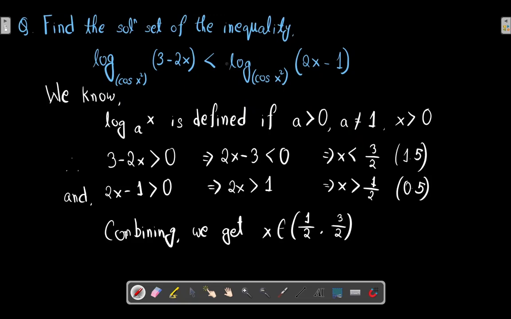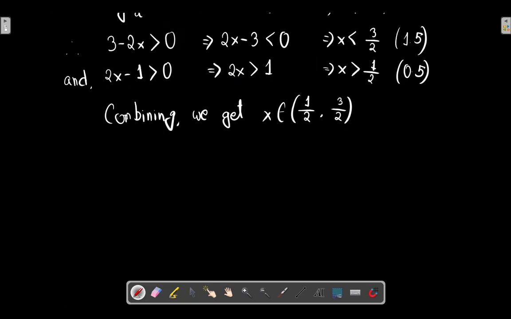Okay, now let us look at the base. The base is cos of x square. So the base also has to be positive, and the base cannot be equal to 1. So let us now apply those criteria. Cos of x square has to be greater than 0, and cos x square cannot be equal to 1.